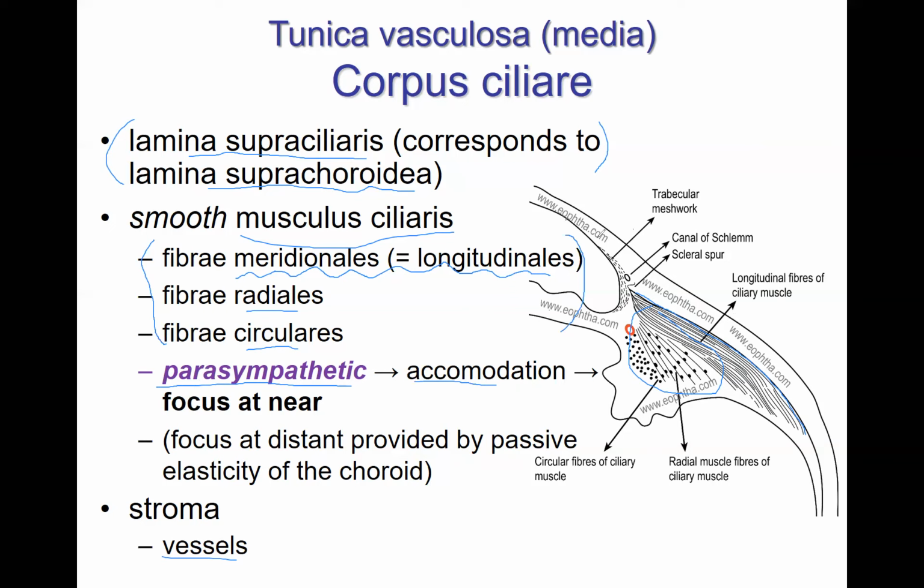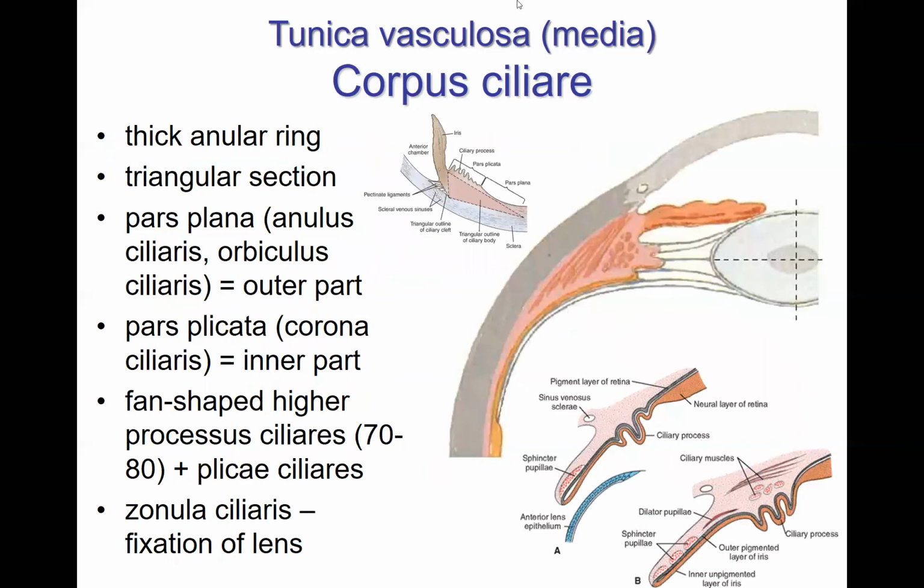How does the accommodation work? If the muscle is contracted, the ciliary body moves this way. So it moves medially and dorsally. I return to this figure and explain it here. So the ciliary body, which is here, moves here dorsally. So what happens to ciliary zonule?